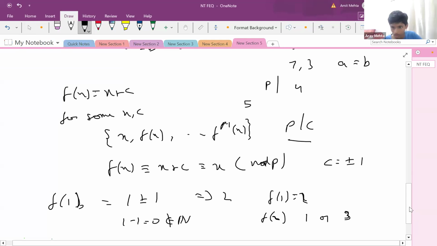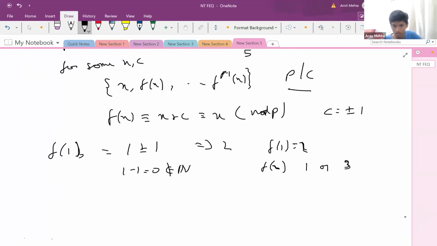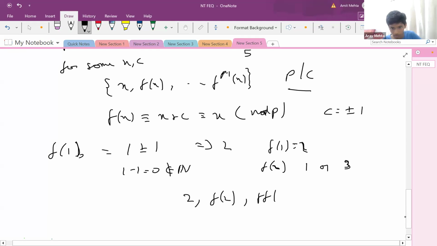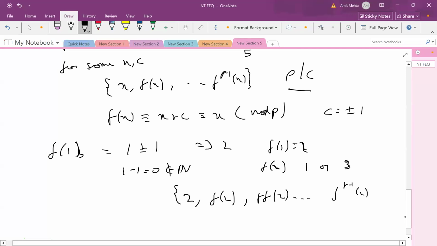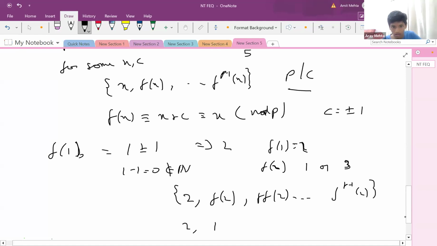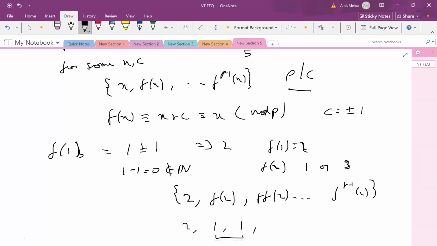If it is 1, then consider the set 2, f of 2, up to f of p minus 1 of 2. This becomes 2, f of 2 is 1, f of 1 is 2 again, and these two are equal modulo p. So, contradiction.